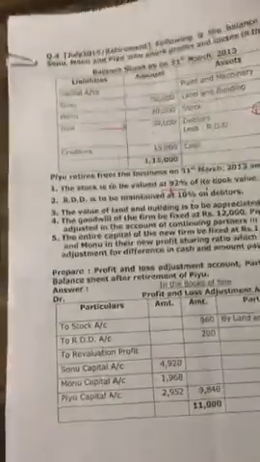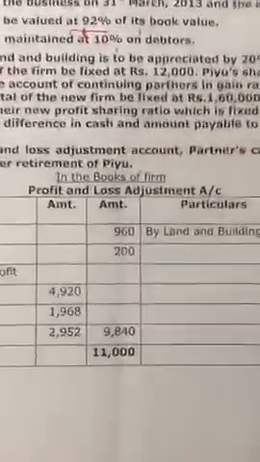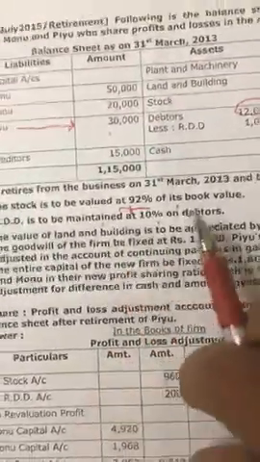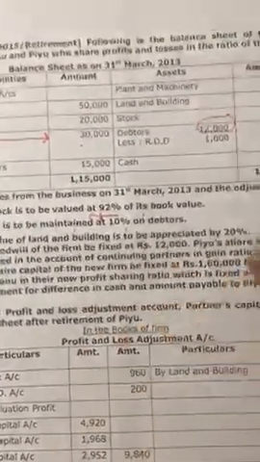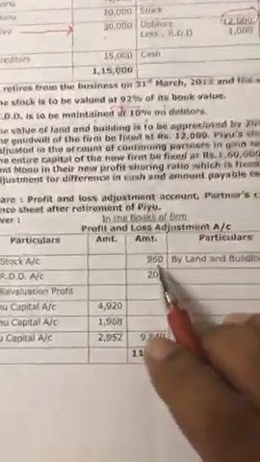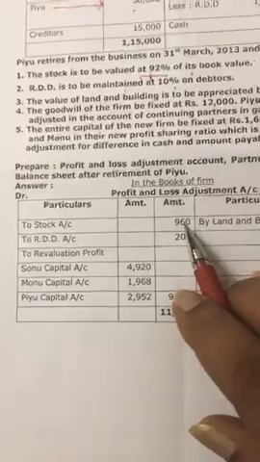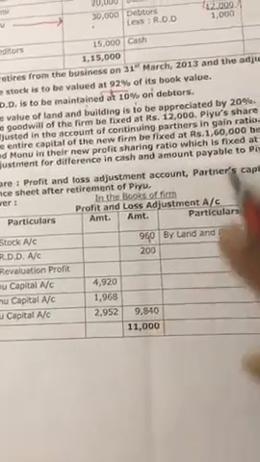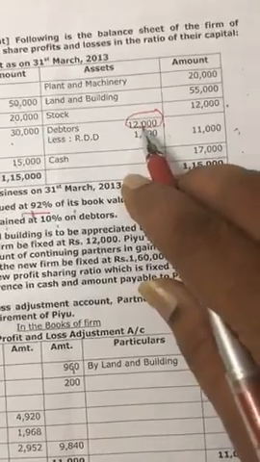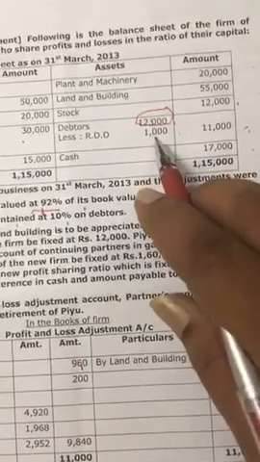Now coming back to your other adjustments. Stock 8% depreciation, so 8% on 12,000 is 960. Stock written off. RDD 10% on 12,000 is 1,200. Old is 1,000.